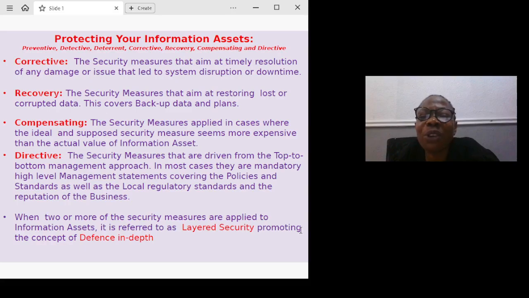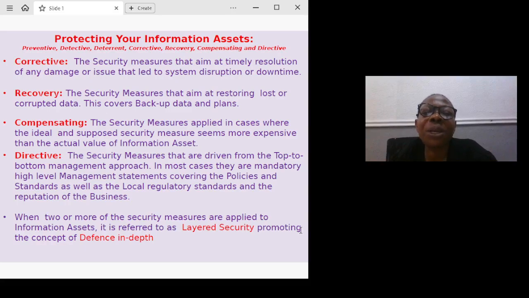Then recovery measures are most times data related, when things have gone wrong, when there is a disaster, or you are experiencing a crash of your hard drive. When your hard drive is crashed, you have to have a backup.